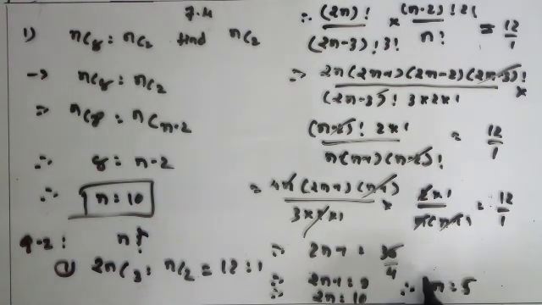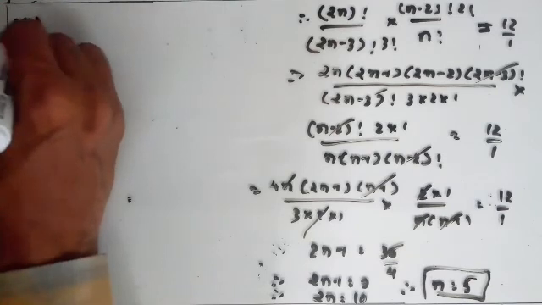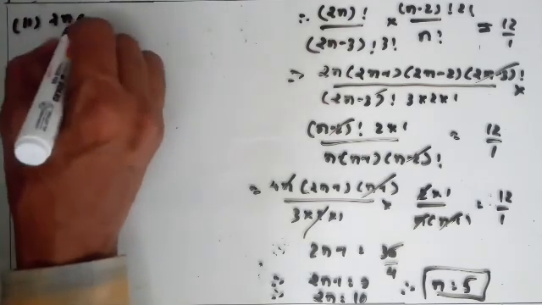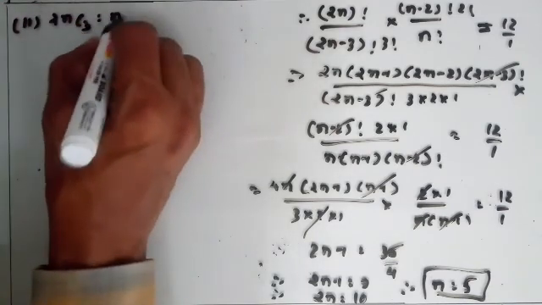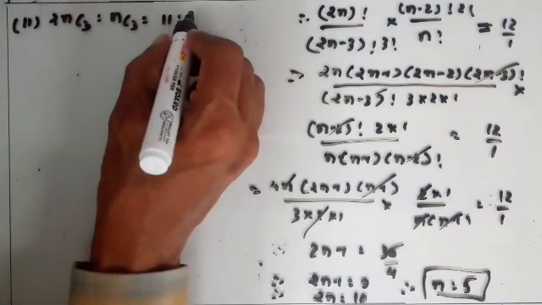Clear? Next, 2nC3 ratio nC3 is equal to 11 ratio 1.